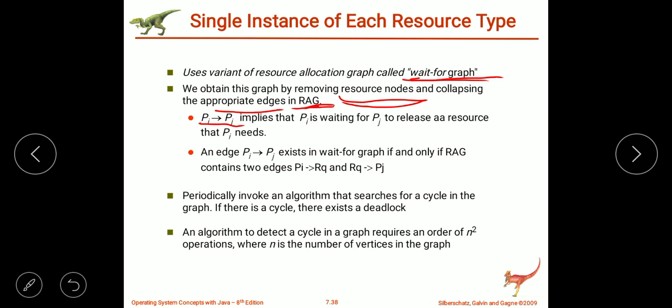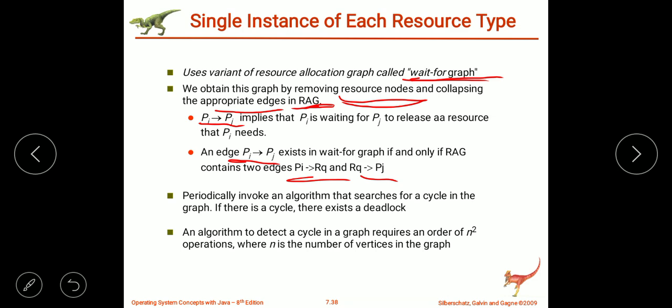An edge Pi to Pj exists in the wait for graph if and only if there are two edges in the resource allocation graph, that is Pi to Rq and Rq to Pj.